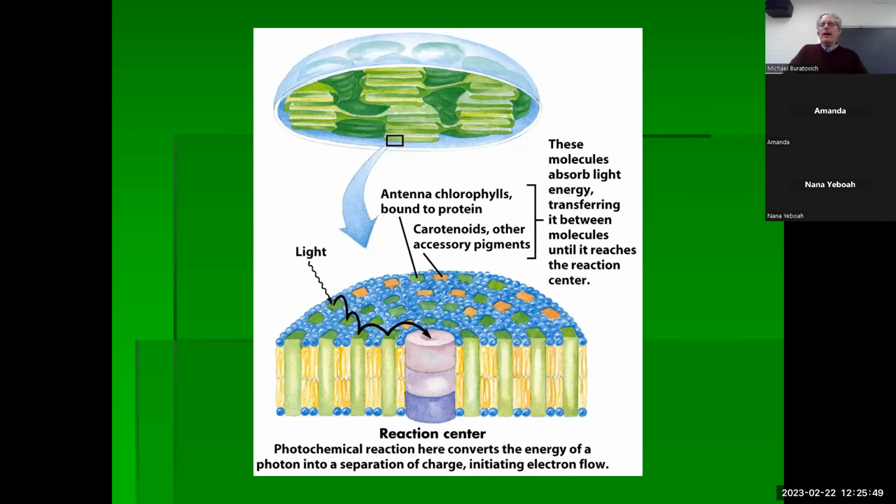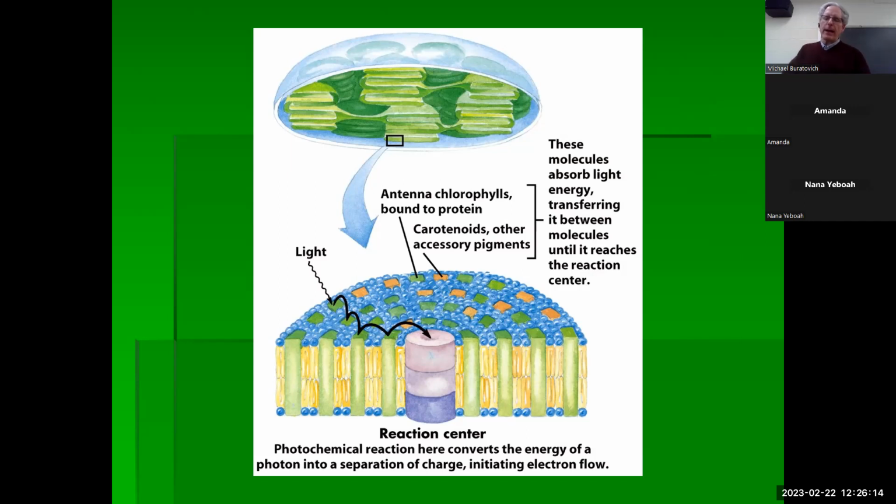That solid state fashion allows for this very highly efficient transfer of photons from one LHC to another until they get to the reaction center. So it is almost as though the LHC pigments play hot potato with the photon until it gets to the reaction center.